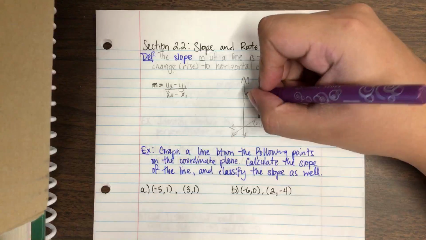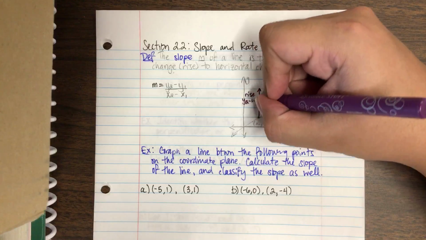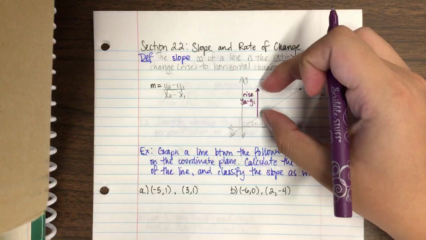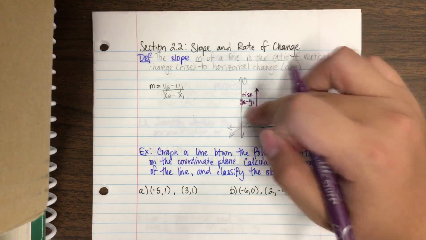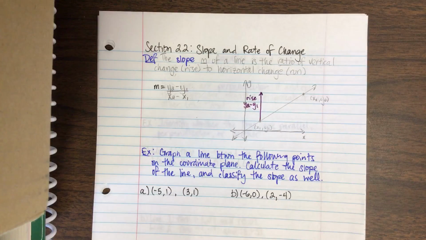Okay, this is our rise, or our y2 minus y1. Physically, that's the distance. When you subtract them, you numerically get the distance. Okay? And then that's the same idea with our run.